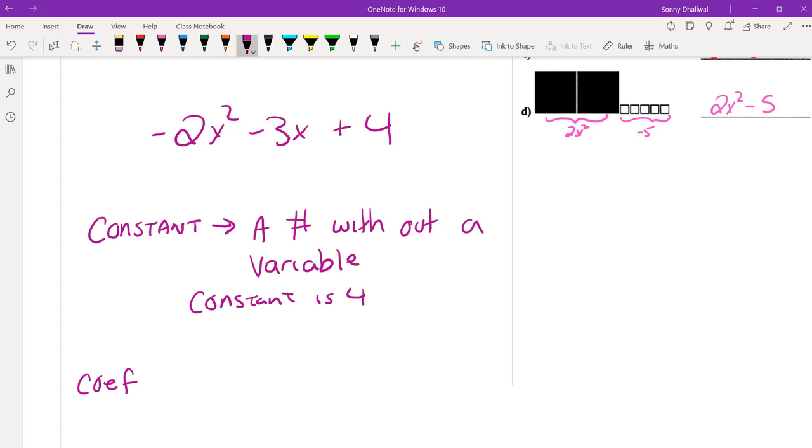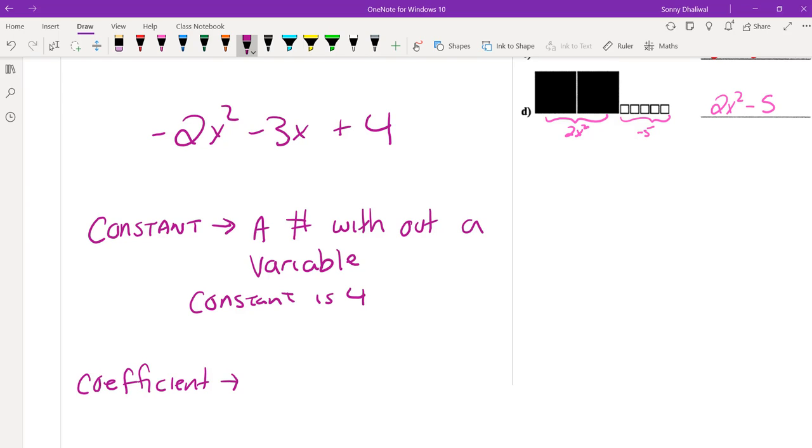Now, if I use the word coefficient, you guys remember that from the first chapter? What does coefficient mean? In the exponent unit, we used the word coefficient. We had powers, we had exponents, we had coefficients, and the coefficient was the number in front of the variable.